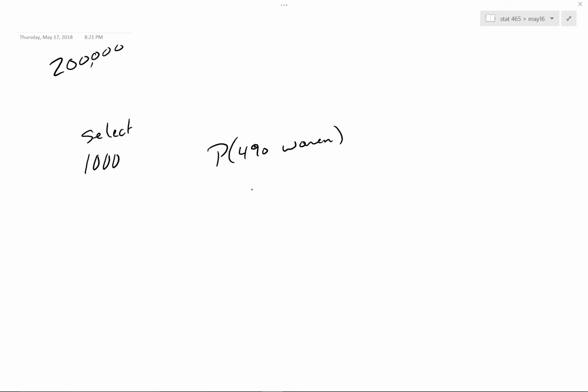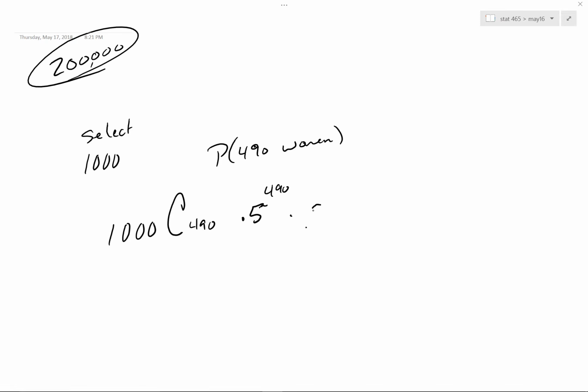Now think about what that would look like. This would be 1,000 choose 490. And again, I just said there's a big population. That's all that means. Ignore that for right now. There are a lot of them, so I don't have to worry about changing the probability anywhere, if that makes sense. So I can do 0.5 to the 490 times 0.5 to the 510.